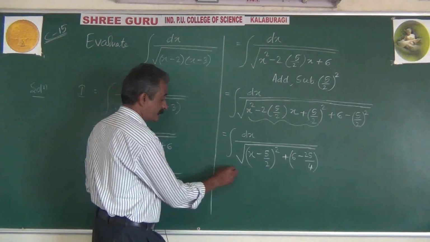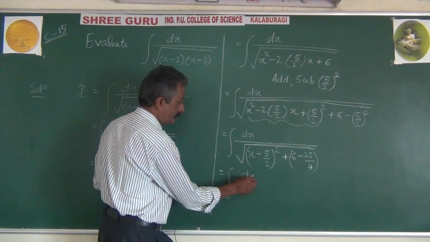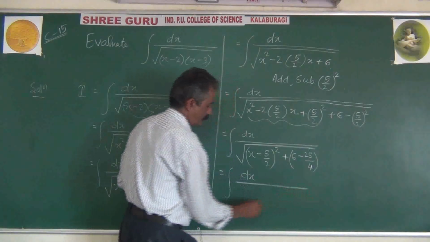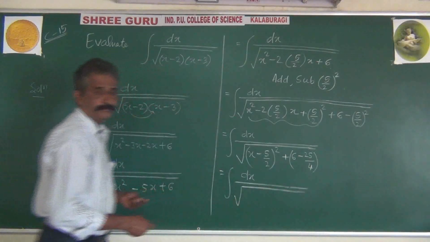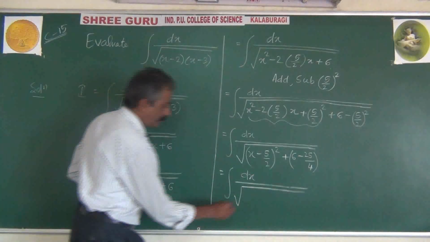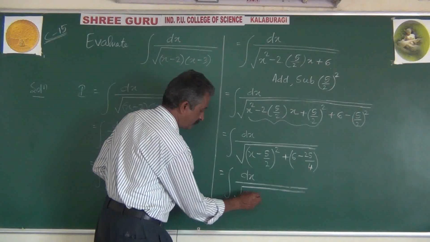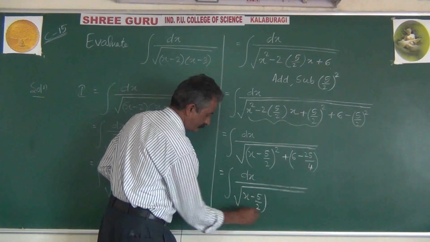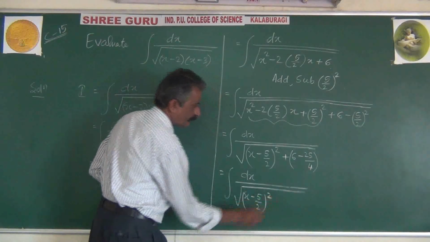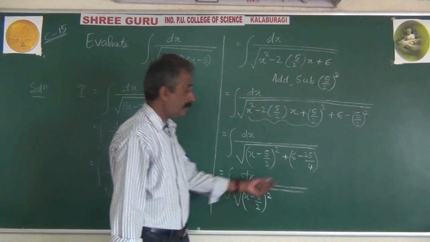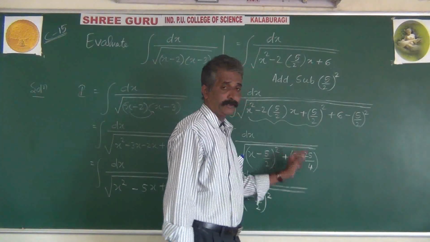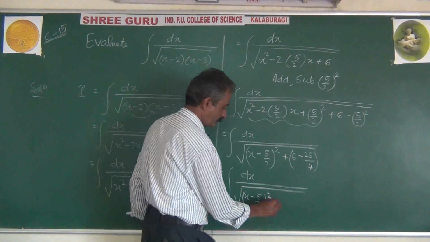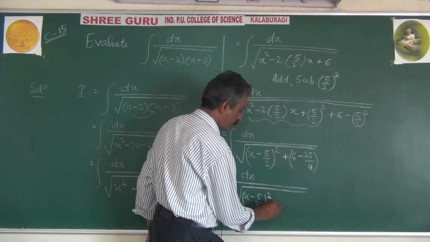That is equal to the integration of dx divided by the square root of (x minus 5 by 2) whole square, which remains unchanged. Whereas in this bracket, LCM 4: 4 into 6 is 24, 24 minus 25 is minus 1 divided by 4.